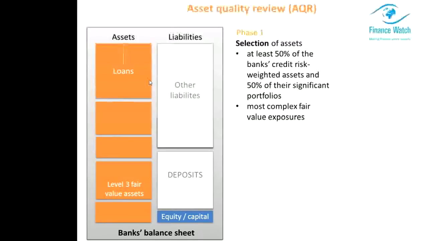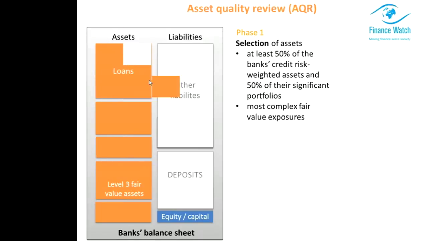But you have to remember that level 3 fair value assets are checked in the case of banks with material level 3 exposures. That means that not all banks will be analyzed. I think that there are around 30 banks in the sample with material trading portfolios, and by the way, it shows the concentration of the traders on the European market.